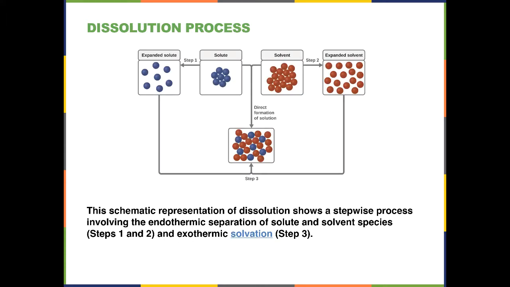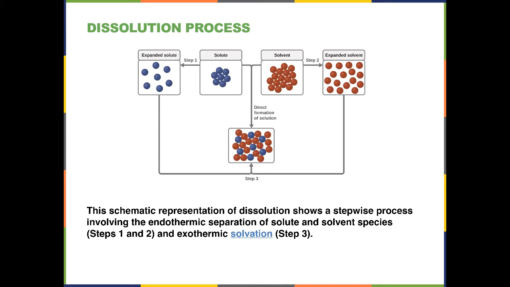Now, this is a representation of how dissolution occurs. Dissolution, another word for solute going into solution, occurs in 3 steps. The first 2 steps essentially represent the expansion of the solute and the solvent. Both of these have to expand molecularly to allow the intermingling of the components together.